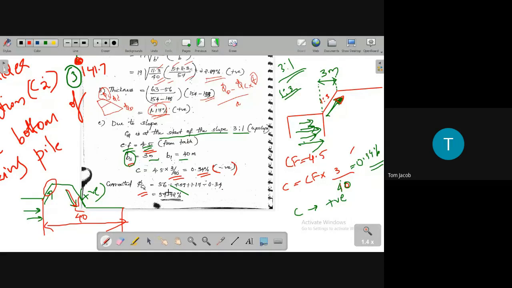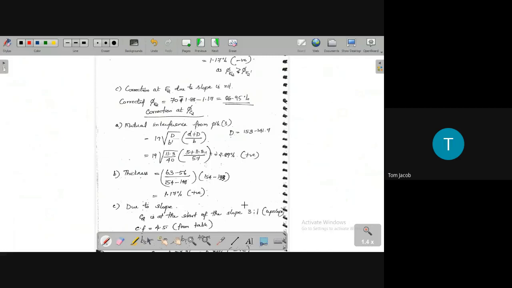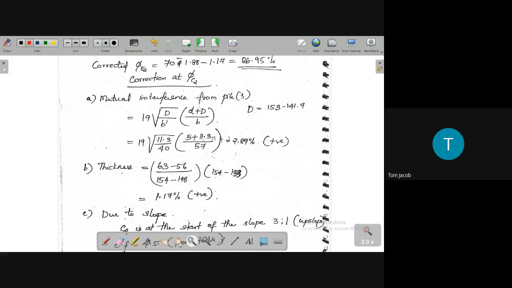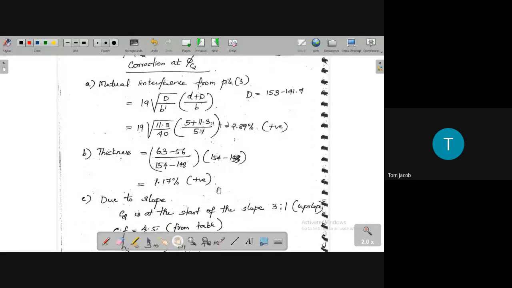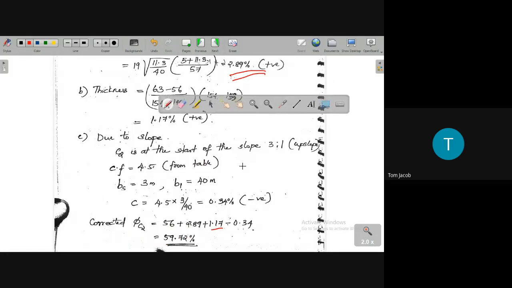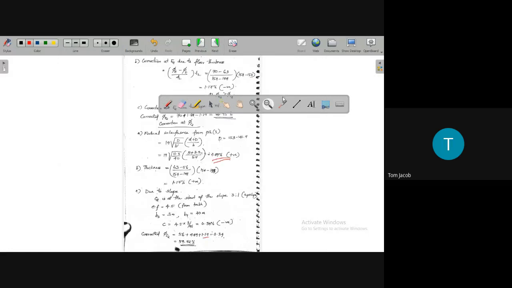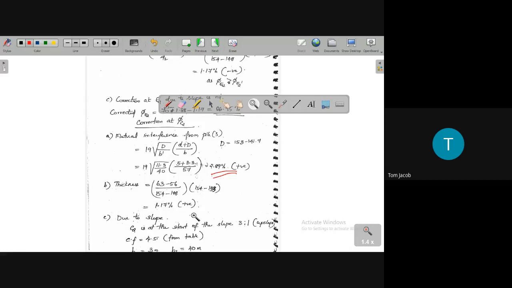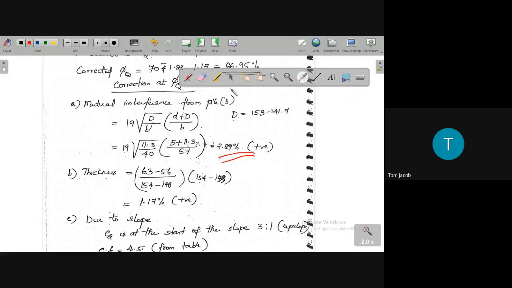So the corrected 5C2 is 56, our value, plus 2.89, which is the correction for interference and is positive, plus 1.17, which is the correction for thickness and is positive.